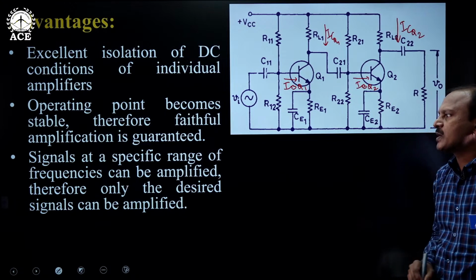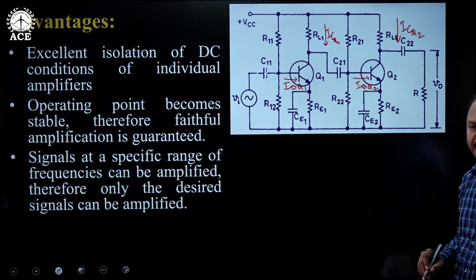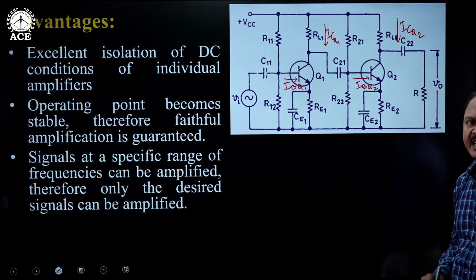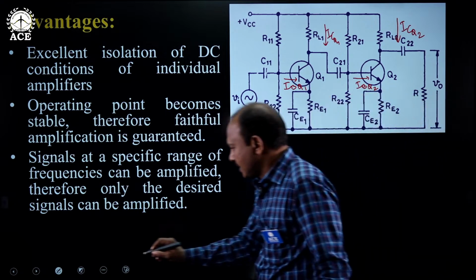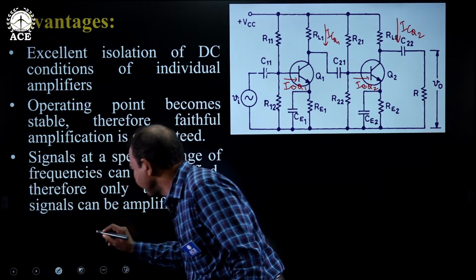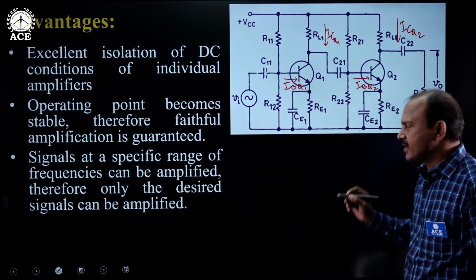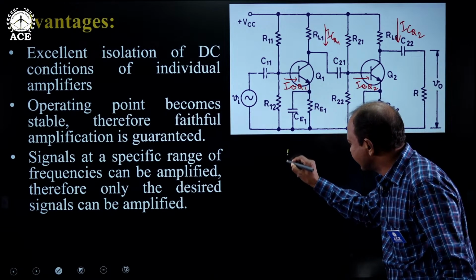Then, signals at a specific range of frequencies can be amplified. Therefore, only desired signals can be amplified. Understandable? If you look at the frequency response of this amplifier, you can easily understand this advantage.